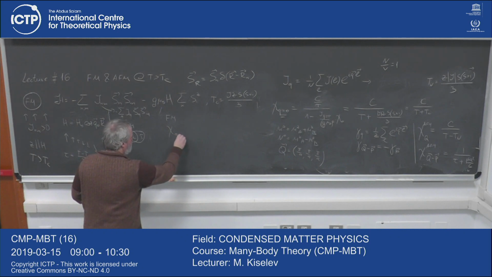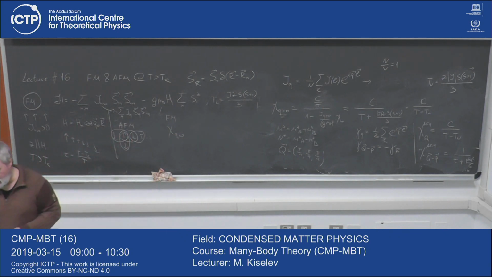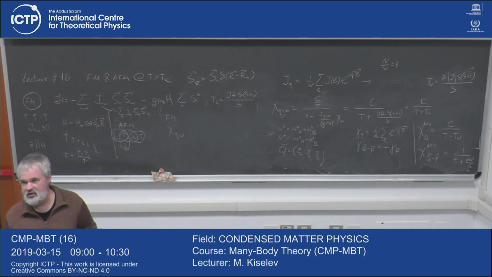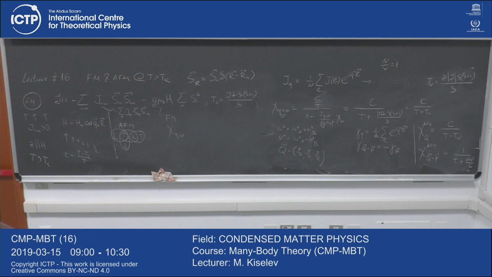Chi of Q and omega. When we discussed a large spin subject to a time-dependent external magnetic field, we have seen that the spin precesses in the external magnetic field clockwise and counterclockwise, which corresponds in a sense to sort of optical magnons. One can view it this way.